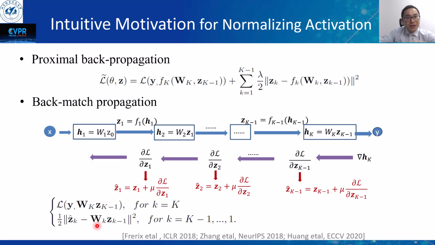We can find that each sub-optimization problem can be viewed as a linear model. Therefore, normalizing the activations as described in the previous theory for linear models can also benefit the optimization of deep neural networks. For more details to understand these intuitions, please refer to these three papers.